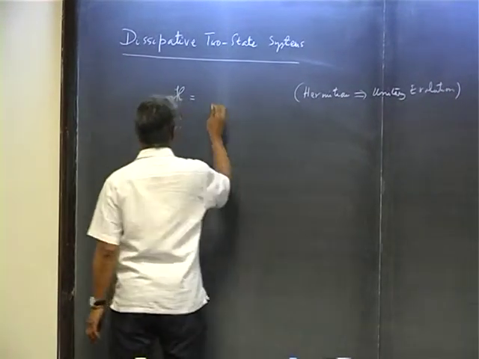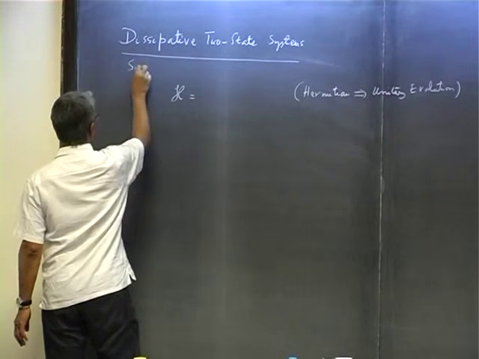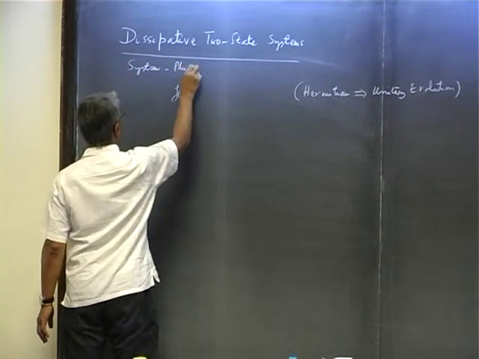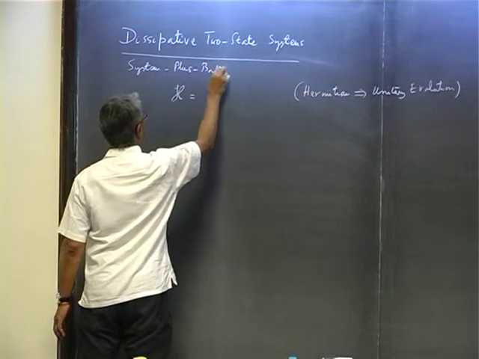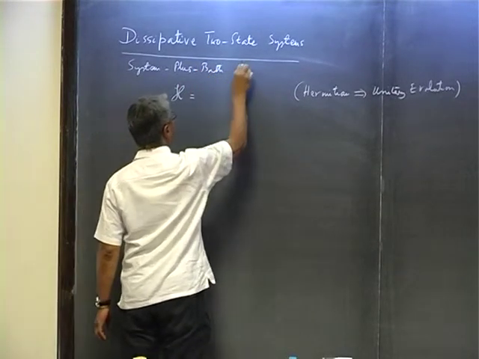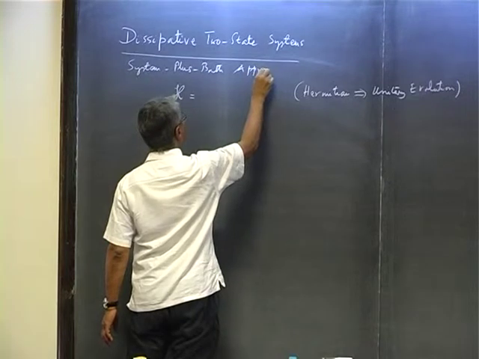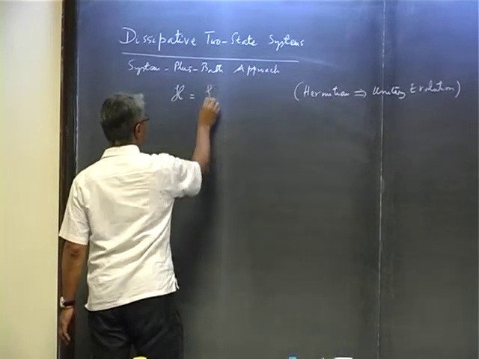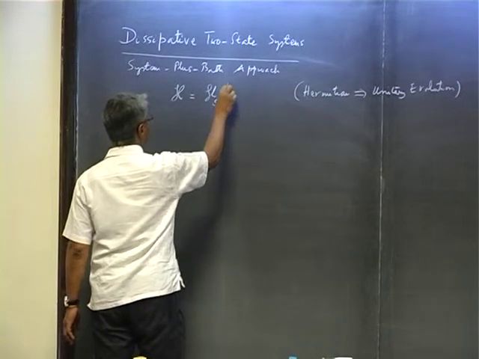And in general, and this is what is called a system plus bath approach, you split the total Hamiltonian into 3 parts.